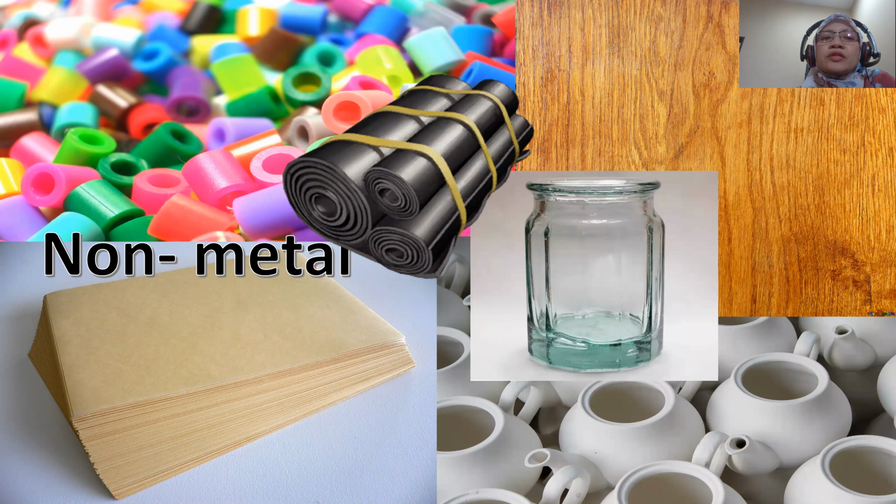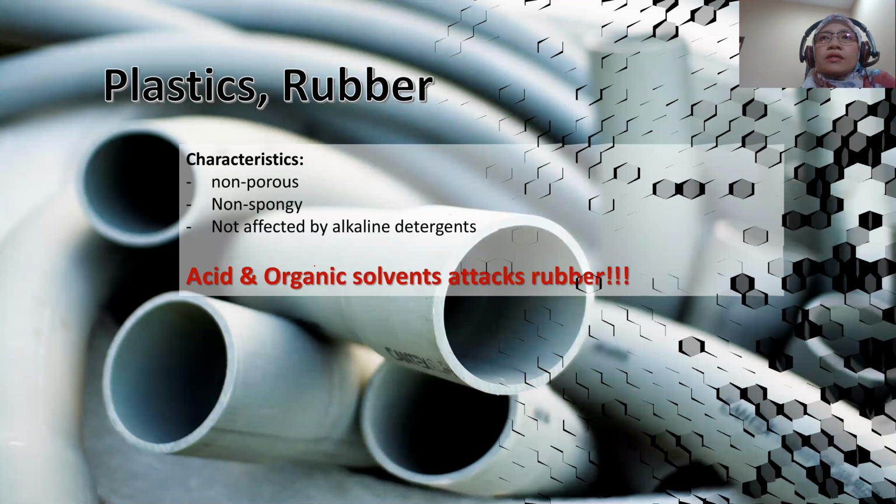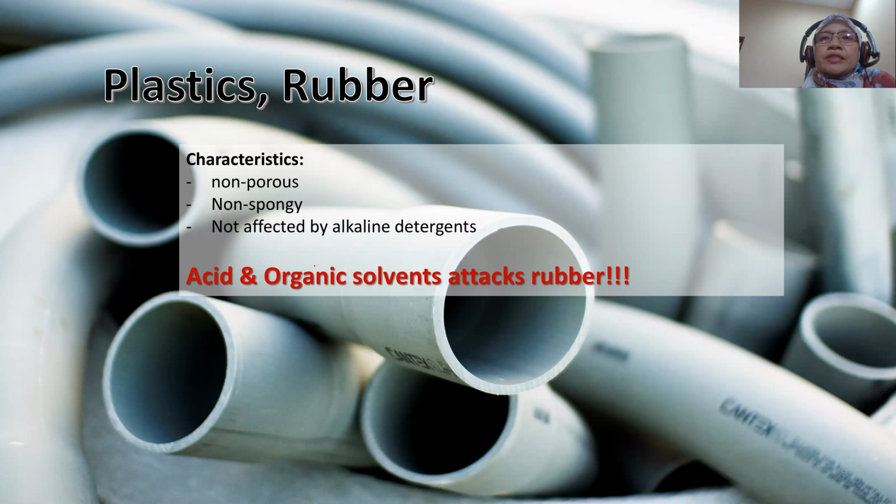Non-metal materials used in food contact surfaces include plastics, rubber, and rubber-like materials that should be food grade and meet the requirements designated under 3A sanitary standards. Among the characteristics that are good for the food industry are non-porous, non-spongy, and not affected by alkaline detergents. However, strong acids and organic solvents can damage rubber.